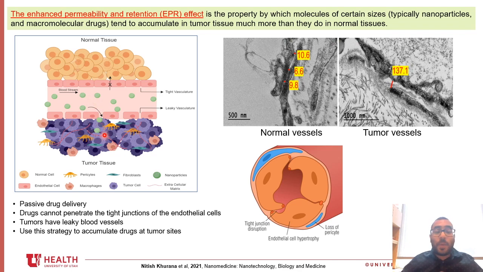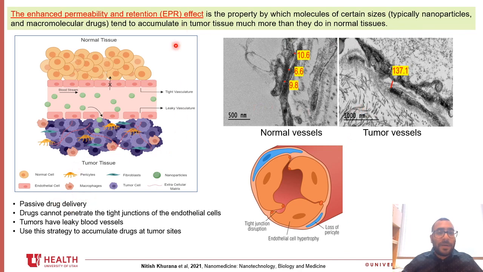Now you would ask why would this nanoparticle automatically extravasate or pass this barrier? Because the interstitial pressure that is present in the tumor tissue versus the blood vessel is very different. The pressure in the tumor tissue is almost as if it is pulling the particles towards it. So that's why this extravasation happens when there is a presence of these wider junctions.